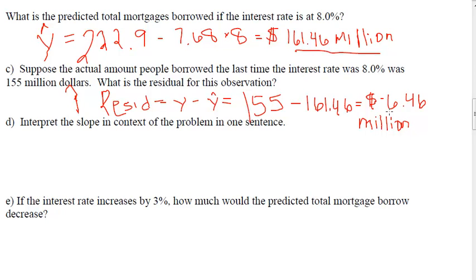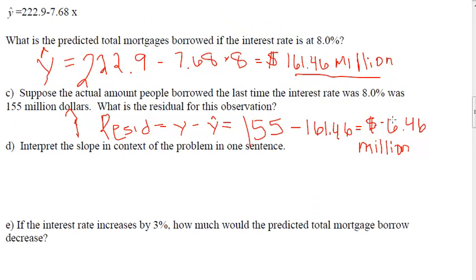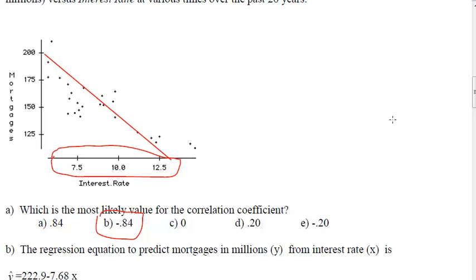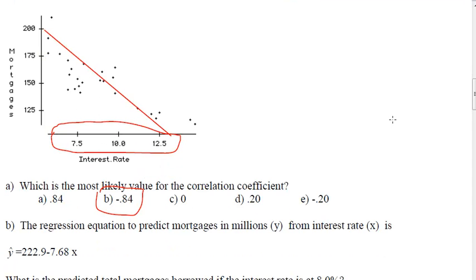All right, the next one, this is one that students always have problems with, is writing a sentence interpreting the slope. And the slope represents how steep the line is, but we have to put that interpretation in context of the problem. So one thing to notice is that the line is negative. So that means the slope is negative, so the line decreases. The slope represents how much y decreases with every increase of 1 with x.